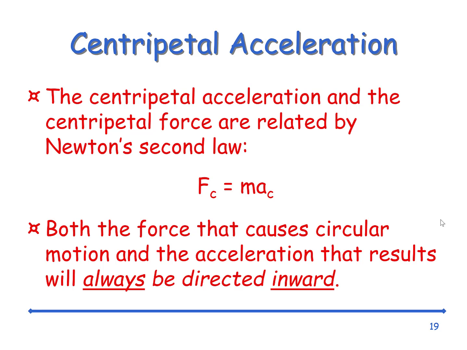So if we know the mass of our object that's rotating or revolving, and we know how fast it's rotating or revolving, we'll be able to figure out that tangential speed. Therefore, we will figure out what the centripetal acceleration is, and then the centripetal force, which is nice. Again, these forces are always causing a circular motion, and that acceleration results in the fact that it's always going to be directed inward for that centripetal force.